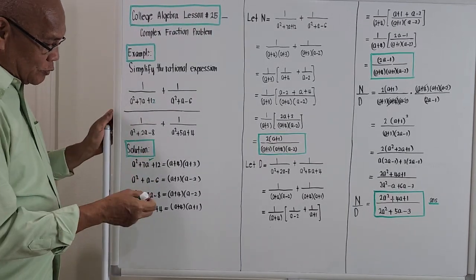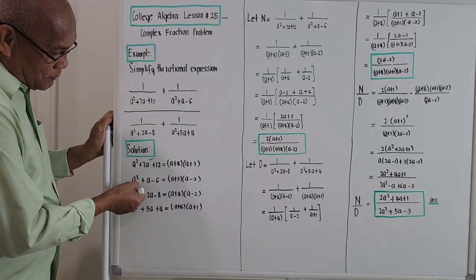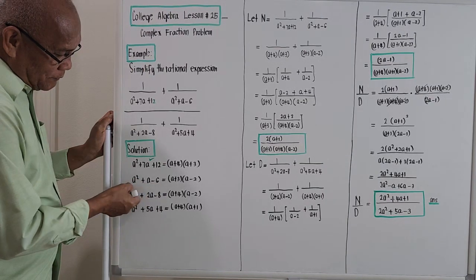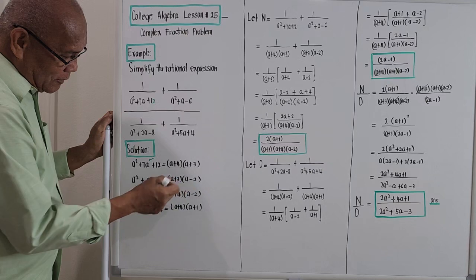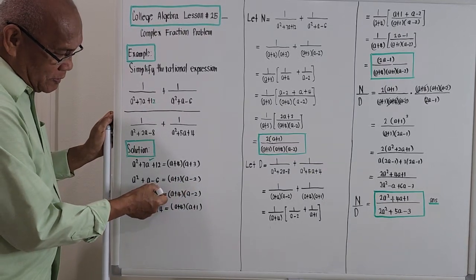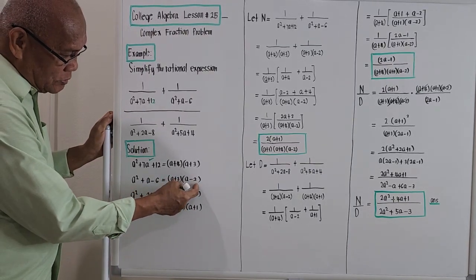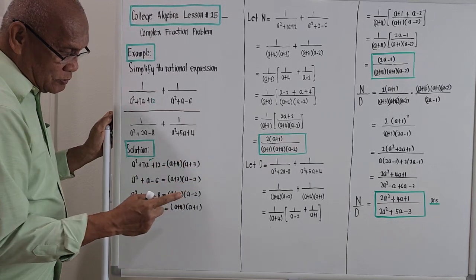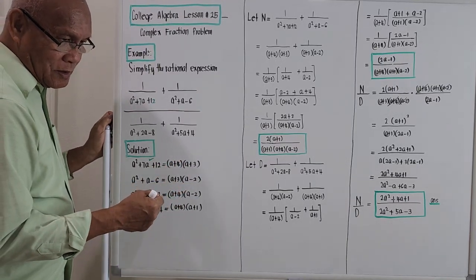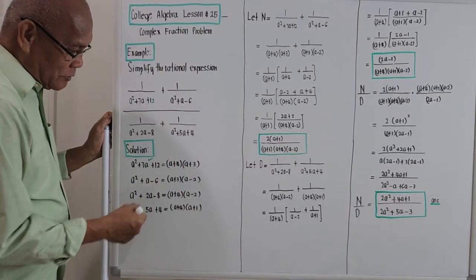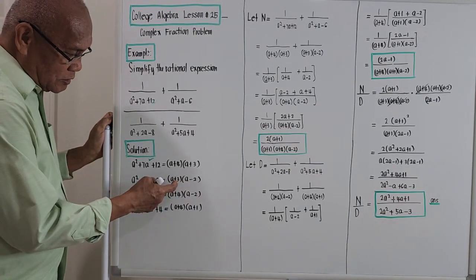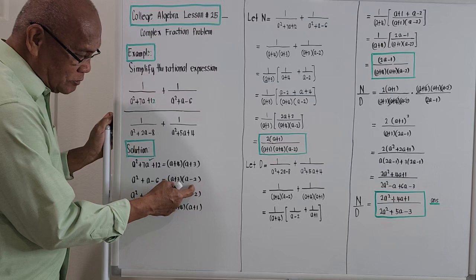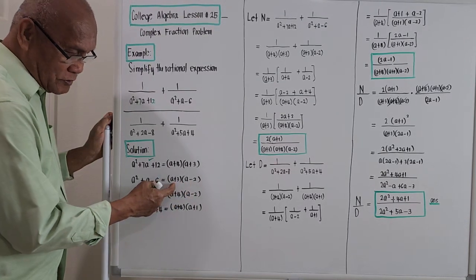Next one, a squared plus a minus 6. Possible factors of a squared will be a and a, and the possible factors of 6 will be 3 and 2. But the sign of the constant term is negative 6, so it's either plus 3 and minus 2, or plus 2 and minus 3.